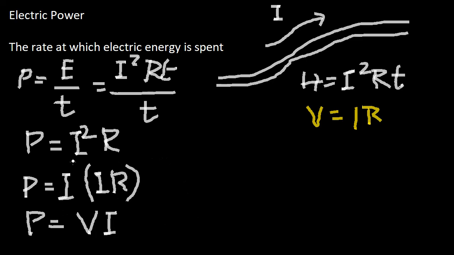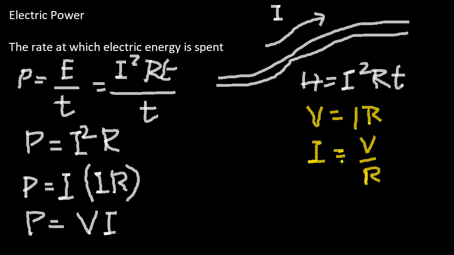We can use Ohm's law once again and substitute the value of I. From Ohm's law we have that I is equal to V divided by R, because this R can come down to the denominator.